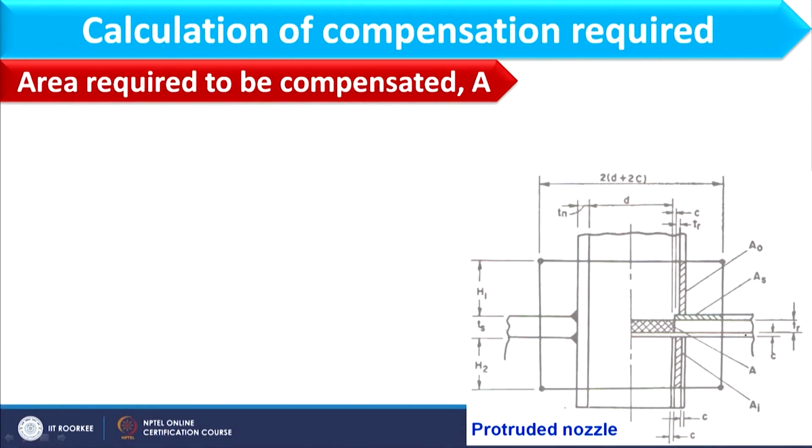Let us understand that with this schematic. If you consider this schematic, this is basically the shell where the opening is created, this much is the opening. Now, what is this TS? It is the standard thickness of the shell. Whatever opening I create will be created throughout the thickness.